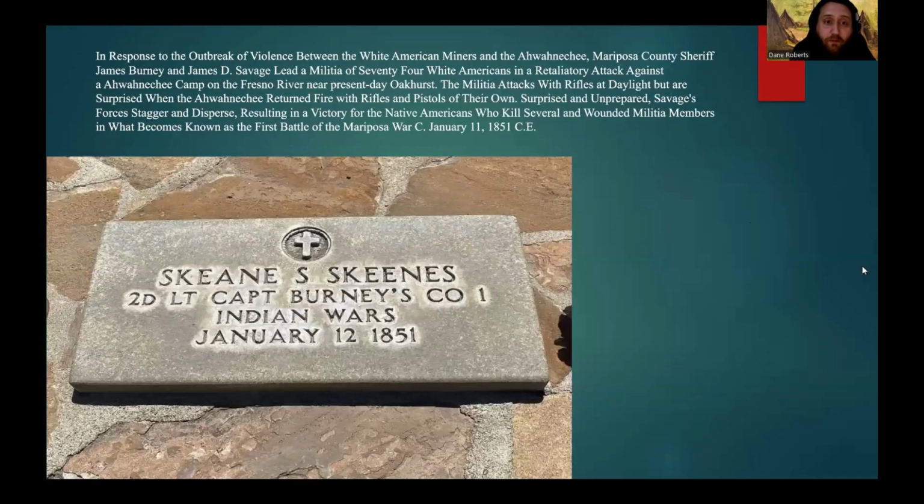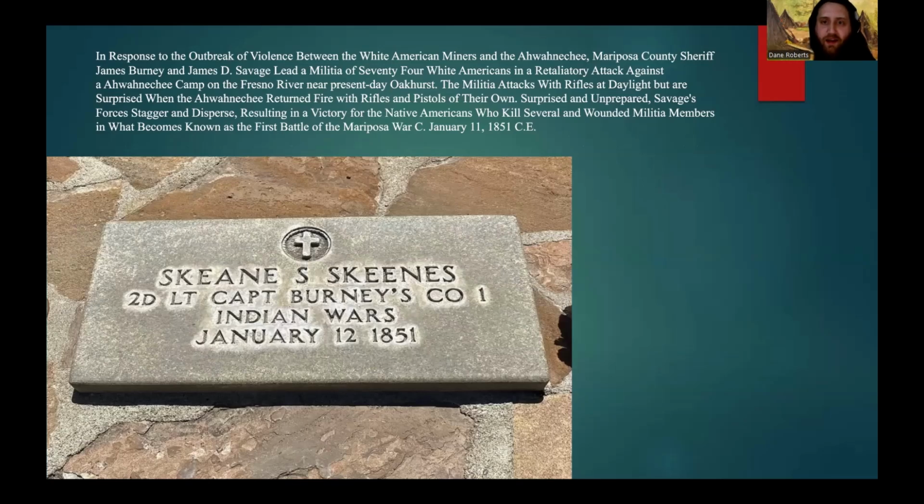In response to the outbreak of violence between the white American miners and the Ahwanichi, Mariposa County Sheriff James Burney and James T. Savage would lead a militia of 74 white Americans in a retaliatory attack against the Ahwanichi camp on the Fresno River near present-day Oakhurst, California.